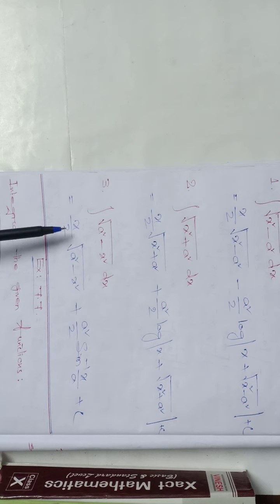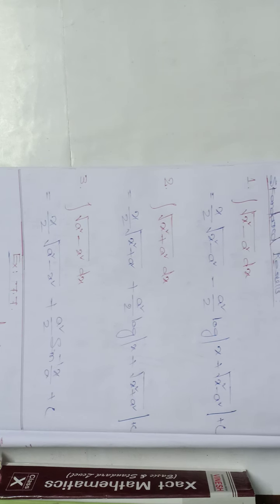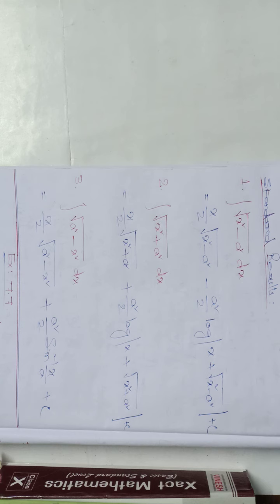Third one is integration of root over a square minus x square dx, equal to x by 2 root over a square minus x square plus a square by 2 sine inverse x by a plus c. So students, these three are very important. Just have a look at the difference between these three. First one is integration of root over x square minus a square dx.